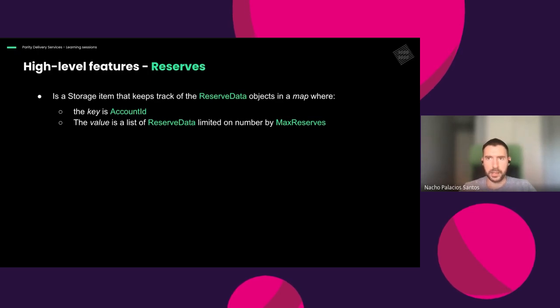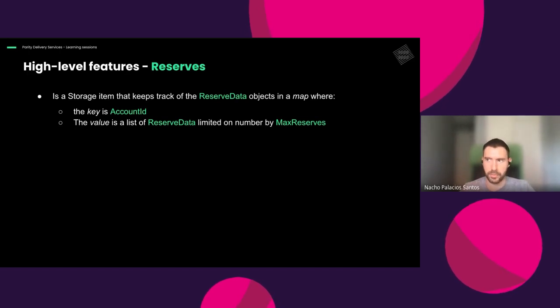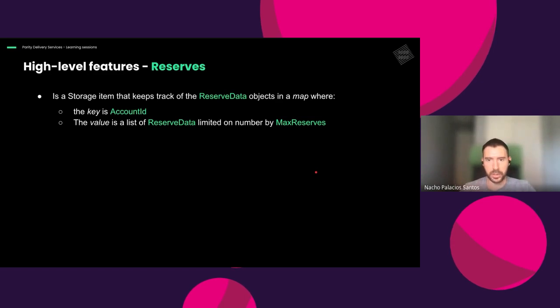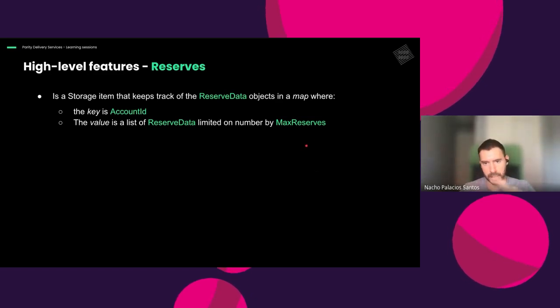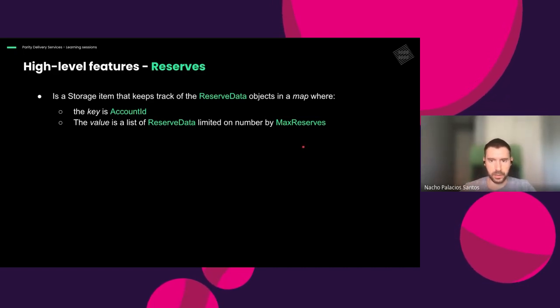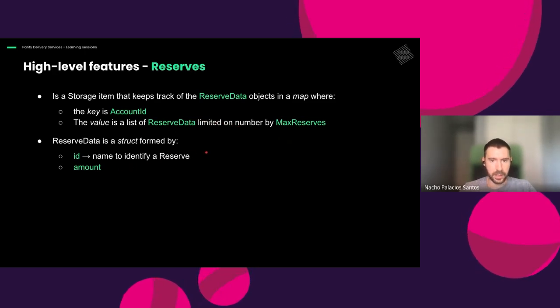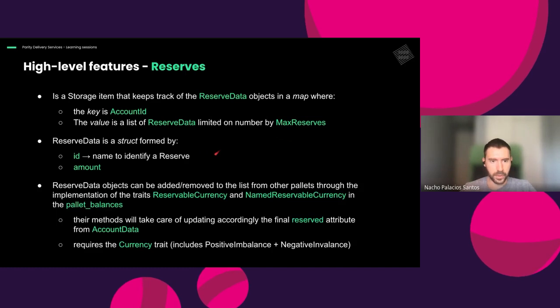So basically, imagine this is like a stack where you start pushing reserve data. That reserve data will keep information about your reserve, and it cannot grow beyond the max reserves. Max reserves is also a constant that is set in the runtime. We'll see it later also. The reserve data struct is formed by an ID, an identifier, and the amount you want to reserve.